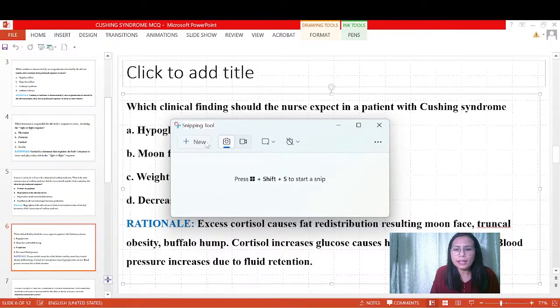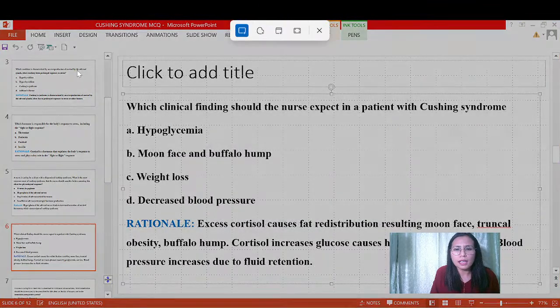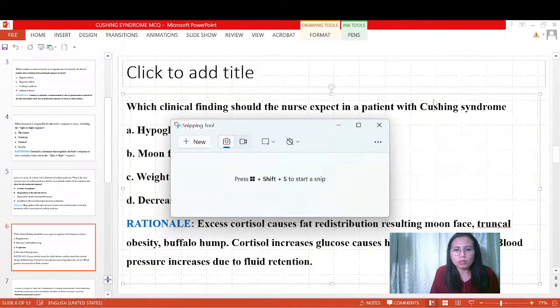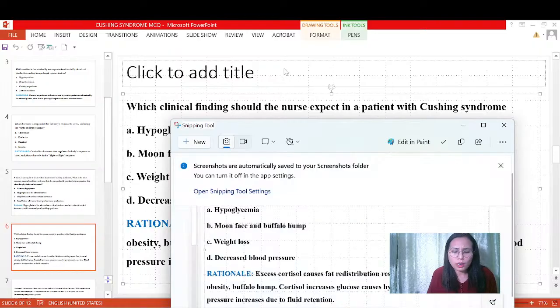Patients usually have weight gain, especially in the abdomen and the face. And the last one is decreased blood pressure. Cortisol increases sodium and water retention, leading to hypertension, not hypotension. So the correct answer is moon face and buffalo hump.